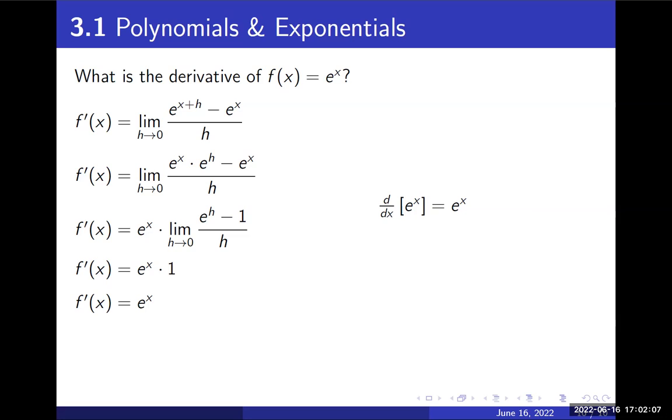The number e was not an interesting number to anyone until calculus was developed. When calculus was being developed, people wondered really quickly, hey, is there a function whose derivative is equal to itself? And it turned out that that was e to the x. So the reason why e to the x is so important is because of this very property.